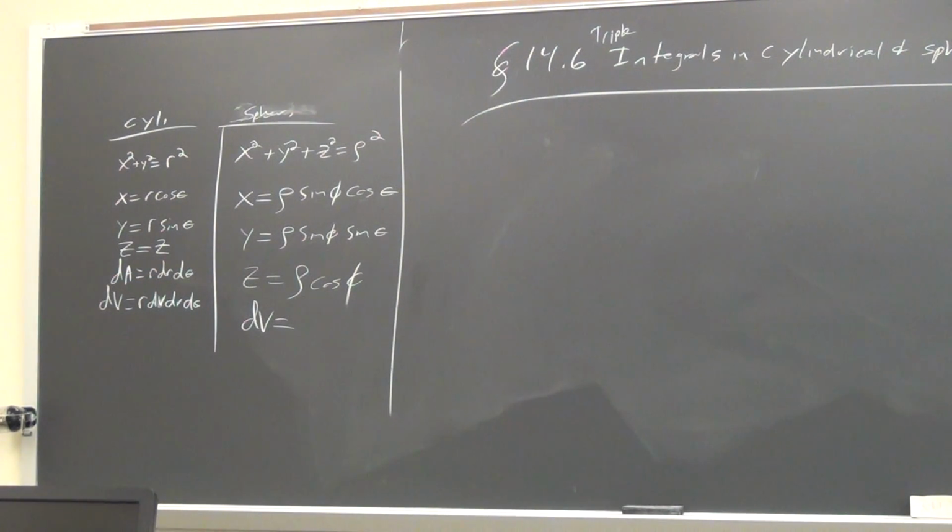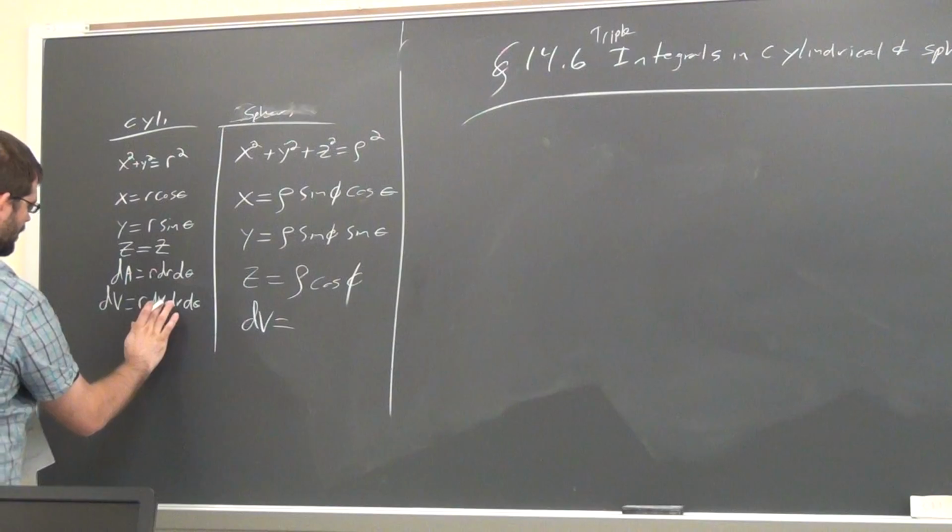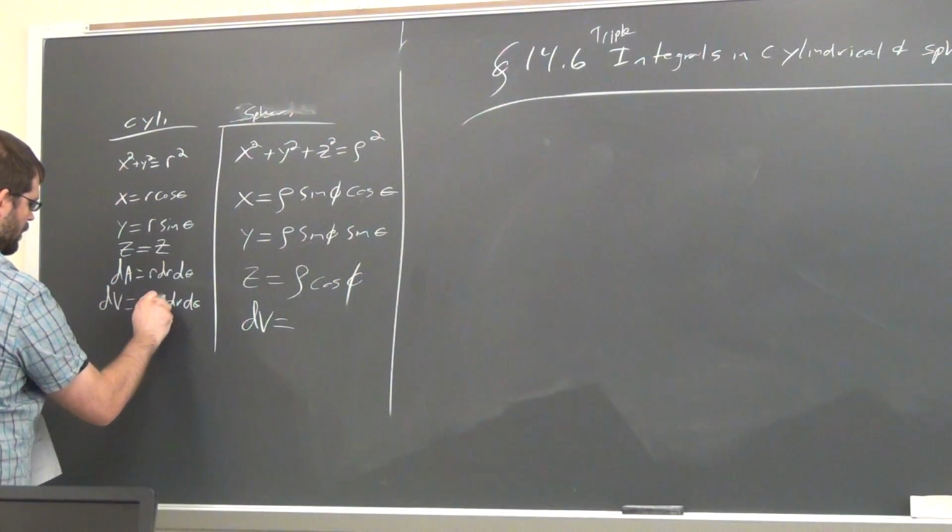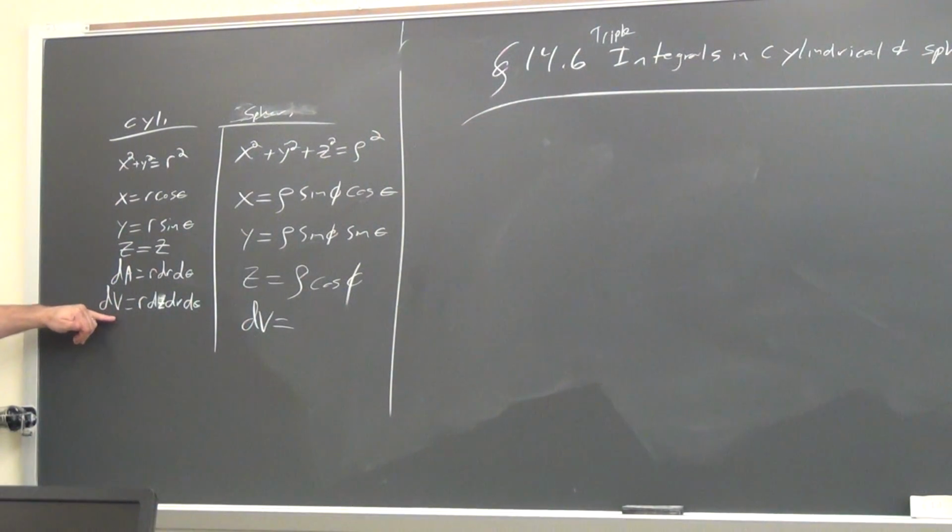Since you're leaving the z alone, when you switch to cylindrical coordinates for triple integrals, the dV gets replaced with dz and then r dr d theta. We just write it all.